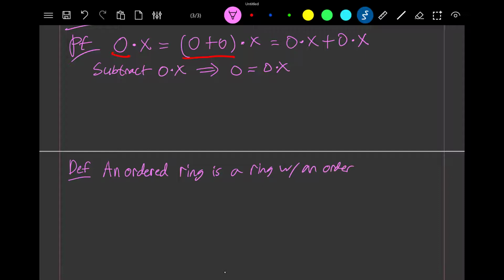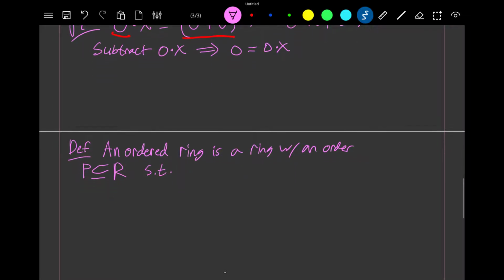What an order is, it's going to be some subset of the ring. We use P here to stand for positive, so we're going to think of P meaning positive, such that P satisfies the following three axioms.